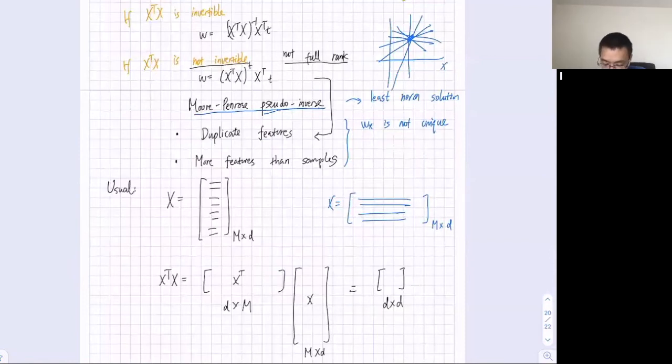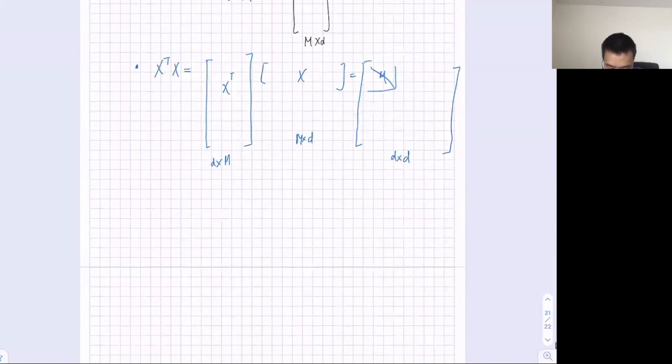So it solves the problem if you have duplicate features. But what if you have more features than samples? It still gives you the least norm, but the prediction could be very arbitrary. Suppose you have 1,000,000 features, like the gene of an animal, or maybe you can represent it by genotype, and you want to predict the phenotype.